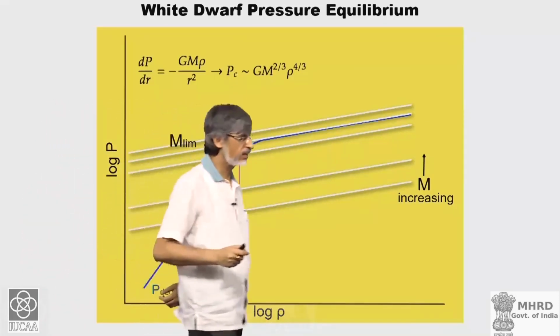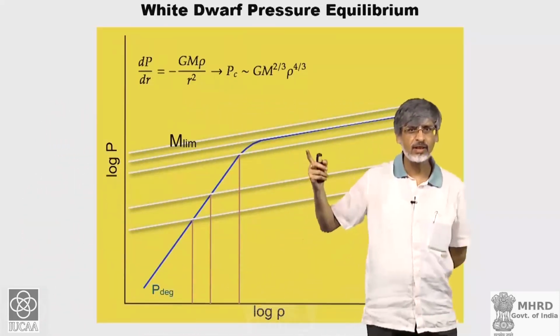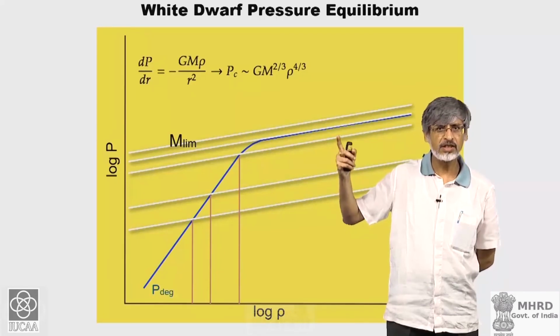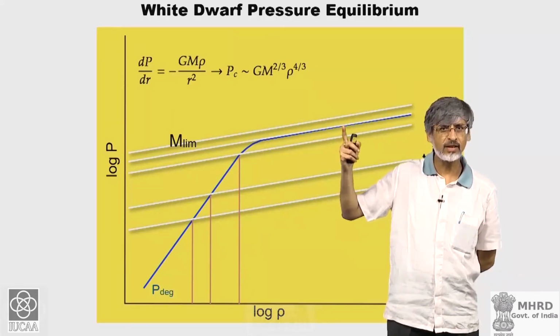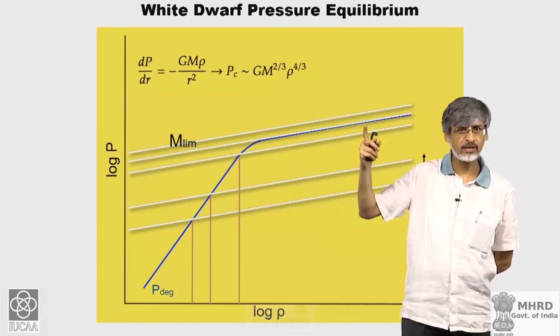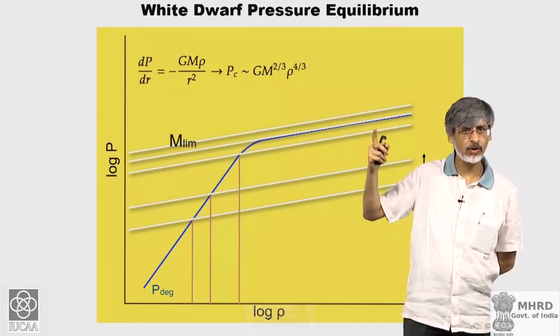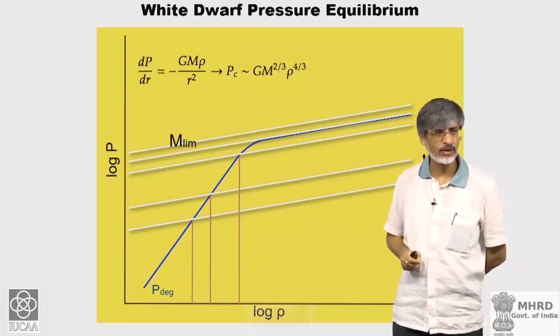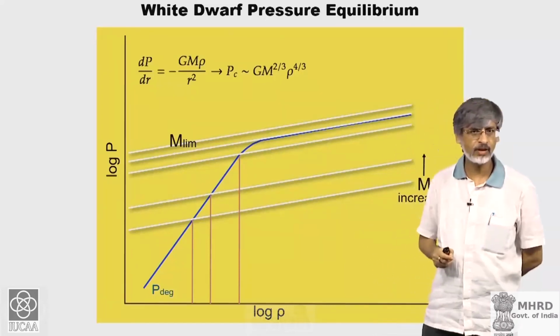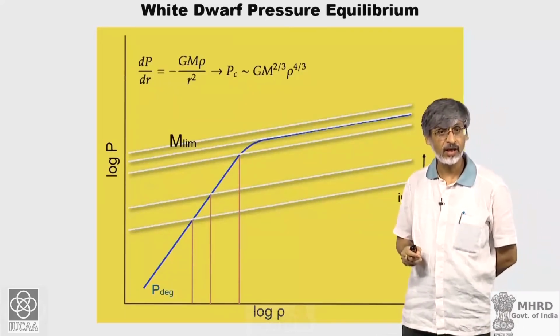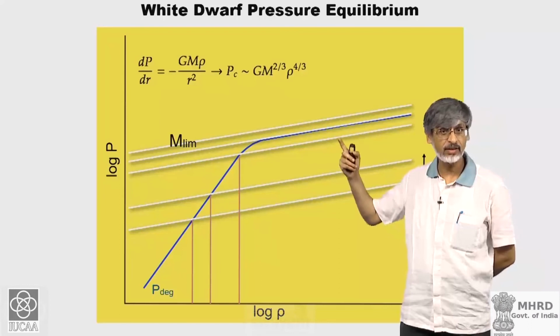Now, let us see what happens if you reach a mass where the slope of this line is actually the same as the slope of this rho to the power of 4/3 line of the electron degeneracy pressure at very high density.